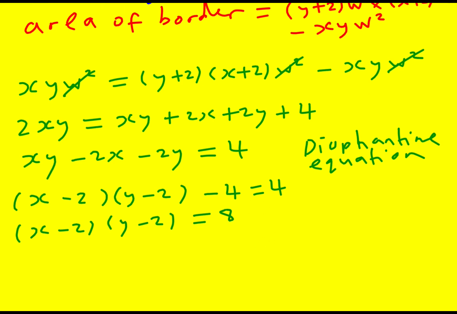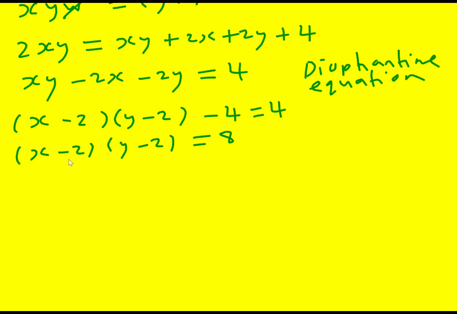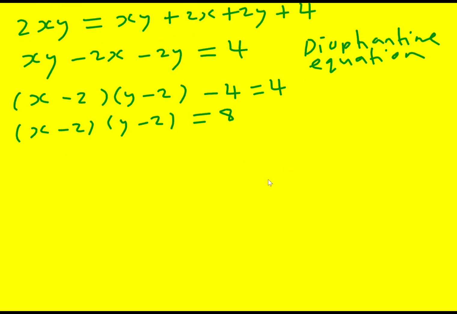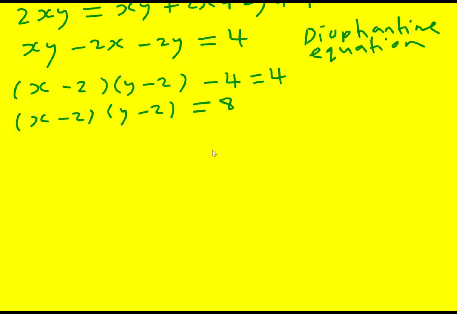Now how do we solve this? You've got to remember that these are integers. And so there's only a few possibilities for getting 8. I'm going to make a little table of values. So let's go with x minus 2 and y minus 2, and therefore that will give me my values of x and y.